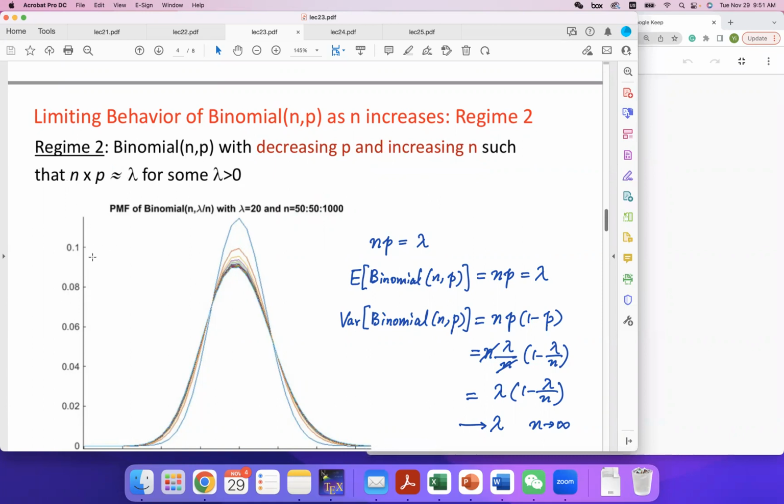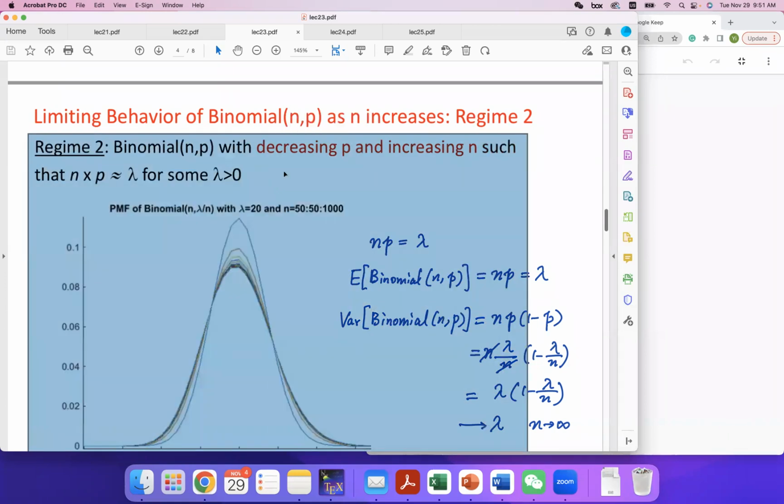So in this case, n times p is not far bigger than 1. Instead, this product remains a constant.